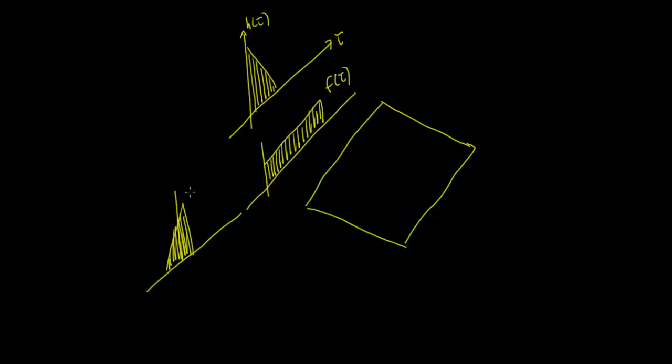That's f of tau, and that's going to be h of t minus tau. So if we call this here our t variable, and this is our dummy variable, which is our tau, so that's our tau axis there, running up that way, and that's our t axis there, running down that way.